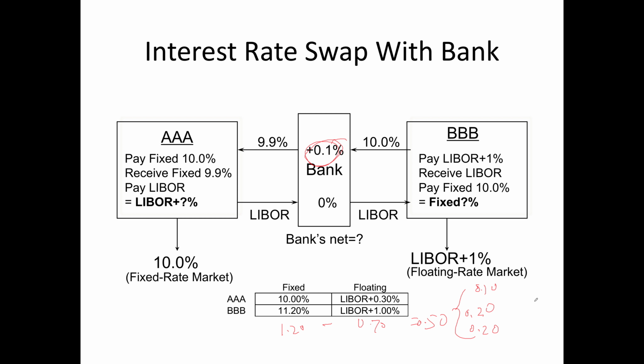So what is equal savings for both parties? We know that the triple B will have a 20 basis point saving from market value, which is 11.2 minus 0.2. The effective rate, we basically know, is 11.